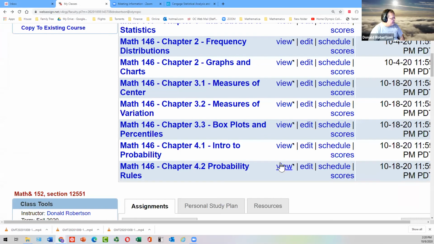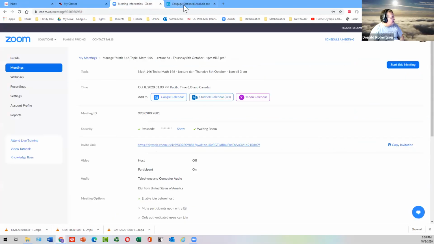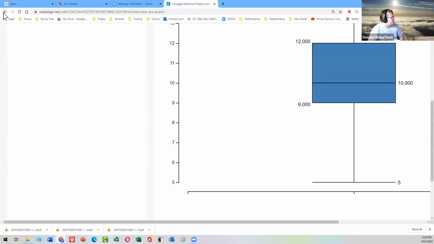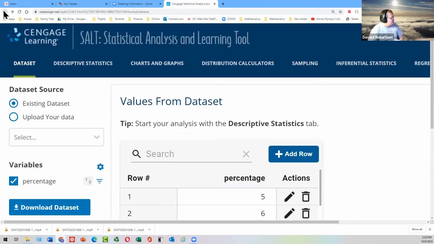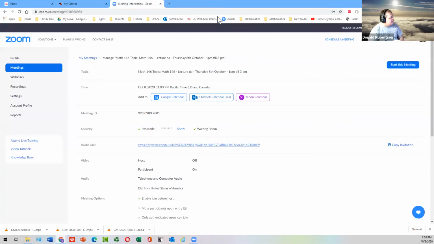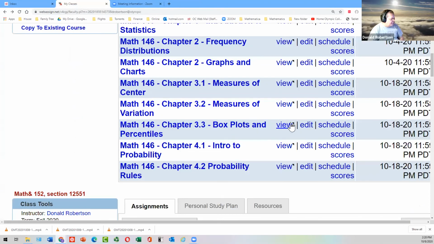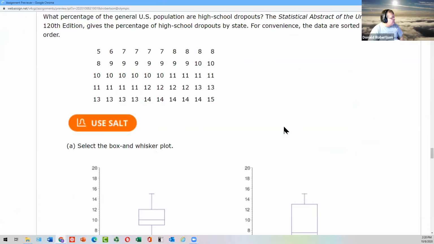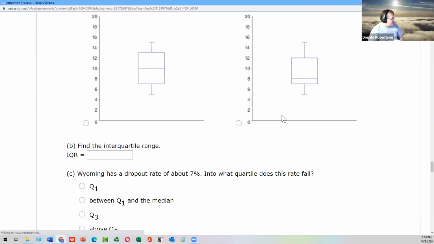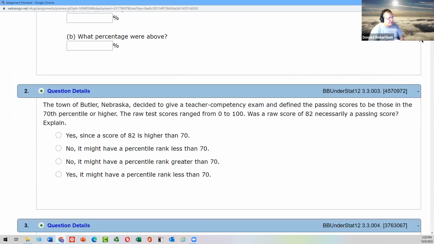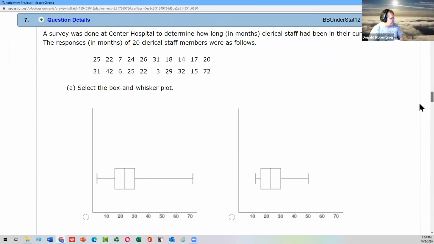Now I need to find where I was. Oh, darn it. Looks like when you use SALT, you have to go back out and in just to get your question. We're getting close to the end of this, so that's a good thing.